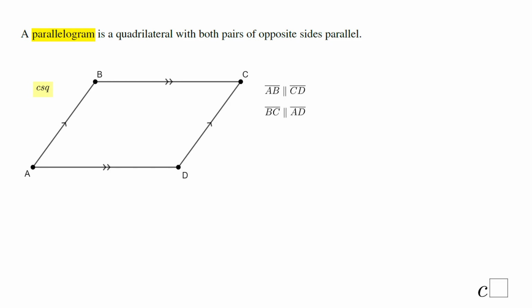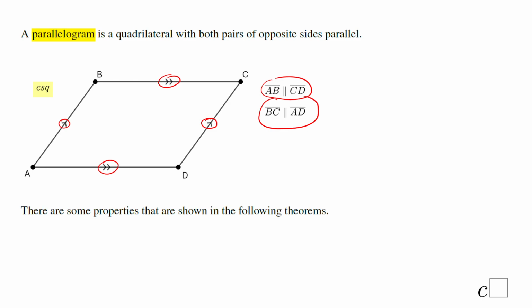If you notice, we have AB and CD or DC are parallel lines, and also BC and AD are parallel lines. You notice they are marked the same way. So that is the definition of a parallelogram. A quadrilateral with both pairs of opposite sides parallel.